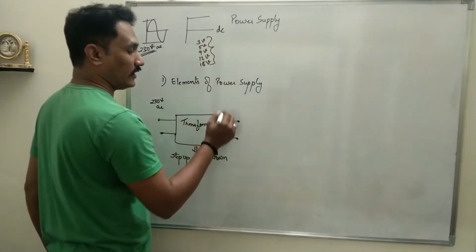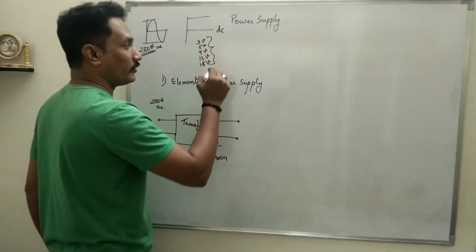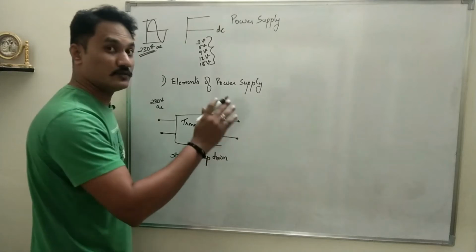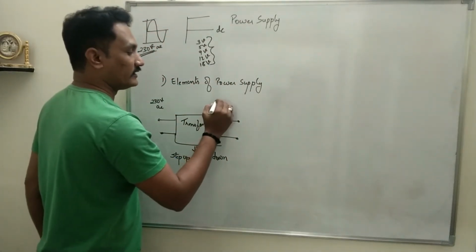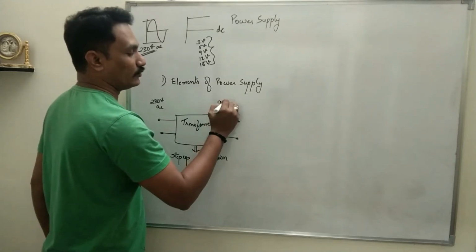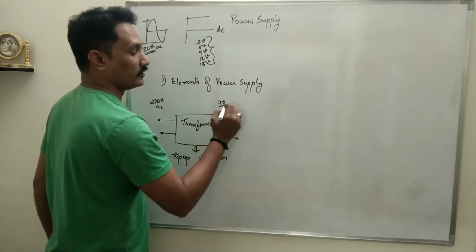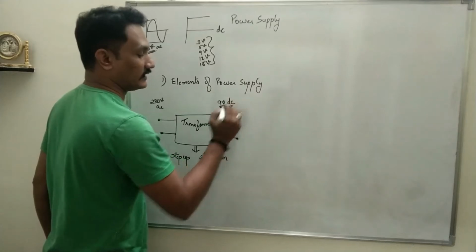The output of the transformer will depend upon the requirement of the instrument which we are going to drive by this power supply. It can be, say, 9 volt, if we are going to convert to 9 volt DC.